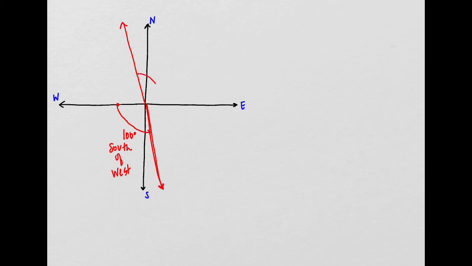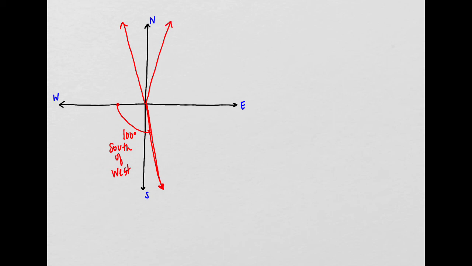This could be 100 degrees counterclockwise of east, but it could also be 100 degrees north of east, because I'm going in the northern direction starting from east. Let's think of another one that could be 100. So this could be 100 degrees here.